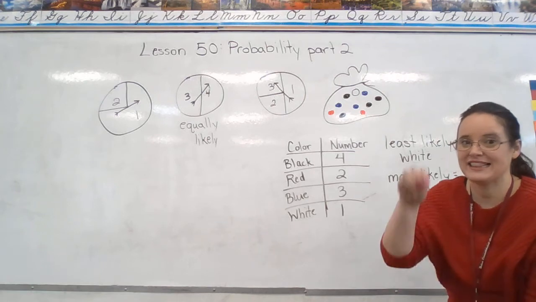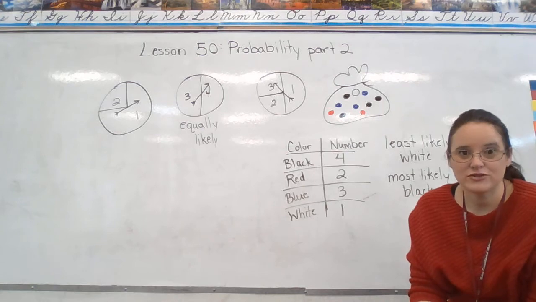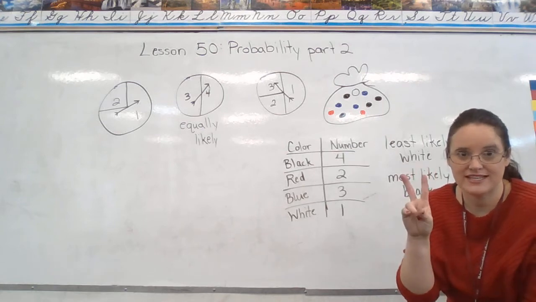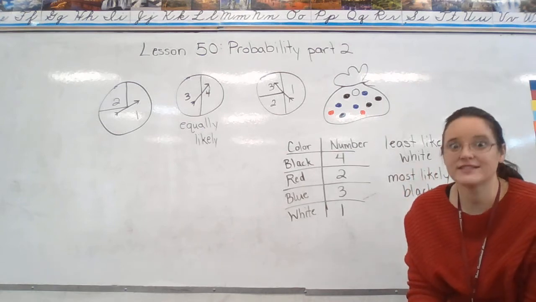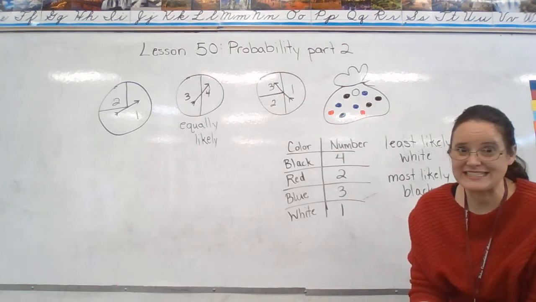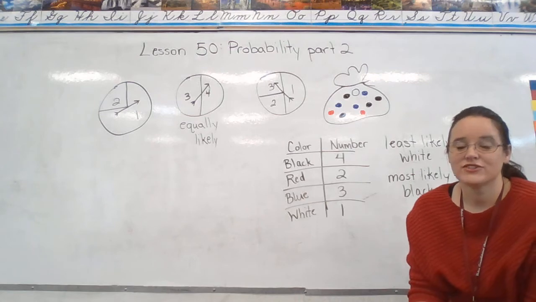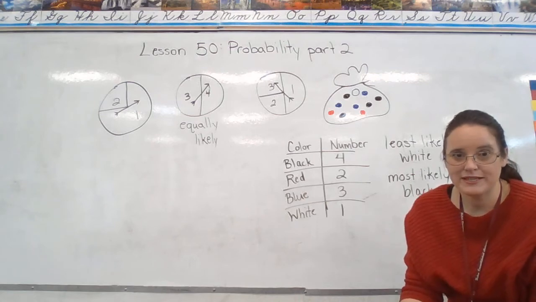And they understood with probability, the more tickets that are in the jar that have their name on it, the more likely their ticket is to get pulled. So my children put a lot of tickets in 2 different baskets. They won one, but their ticket didn't get pulled in the other one, even though they probably had more tickets in there than anyone else. So that's how probability works.